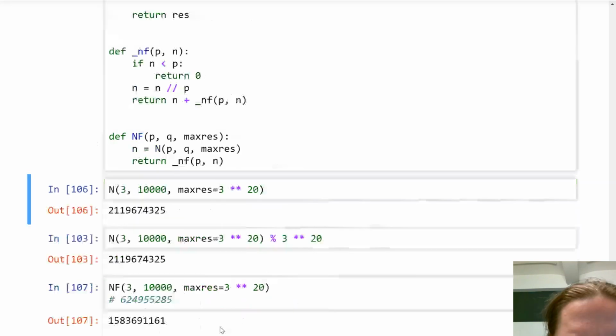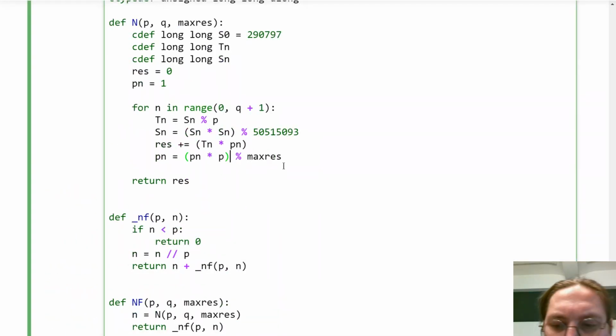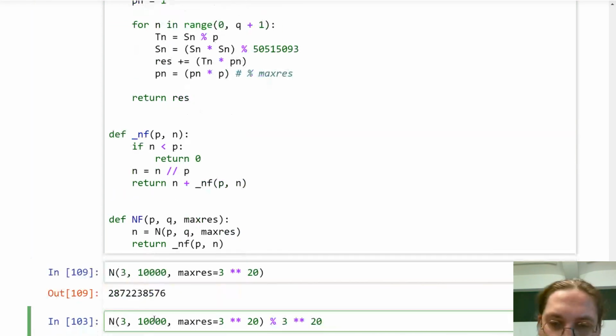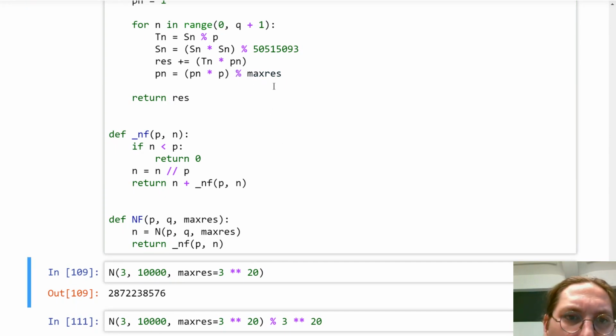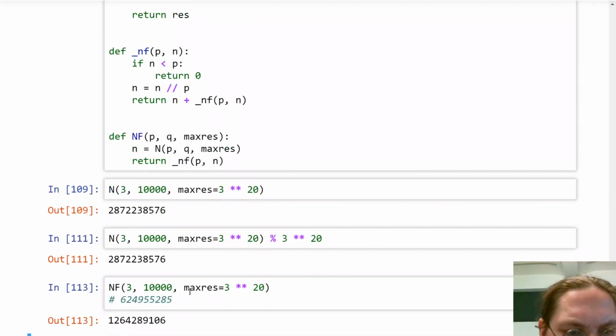Okay. Let me again just try this. And this is going to be exploded, so let me just do this. Yeah, okay. Doesn't make a difference. And now it's still not the same.